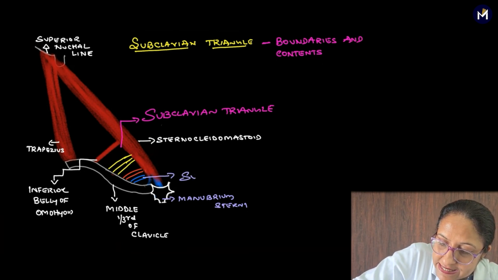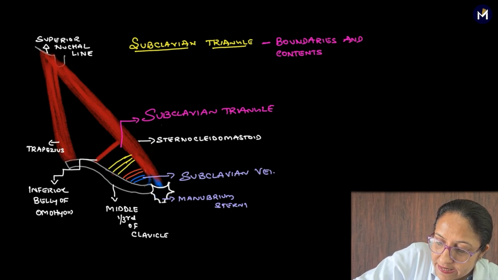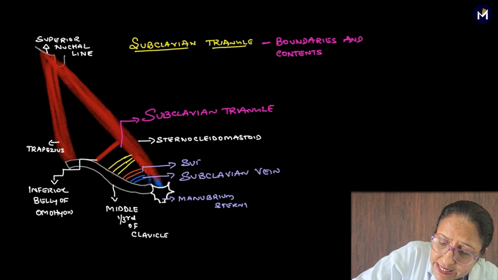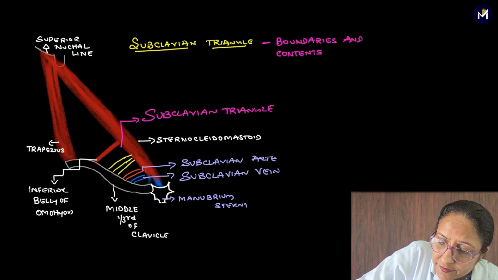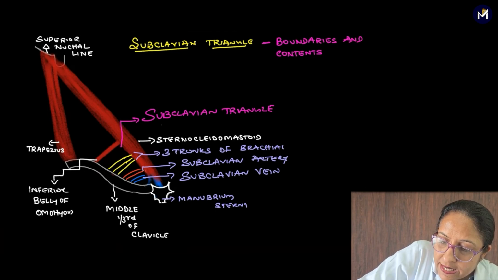This is the subclavian vein. This is the most important content, the subclavian artery, and these are the three trunks of brachial plexus.